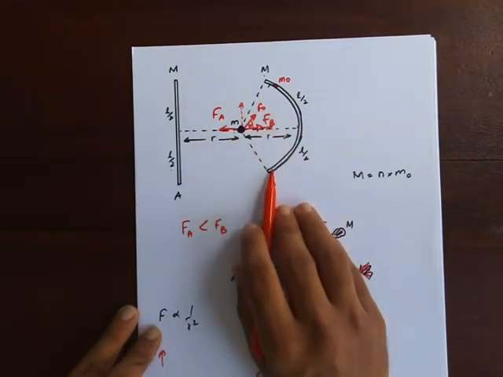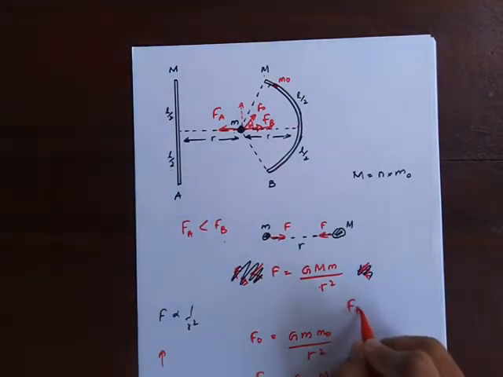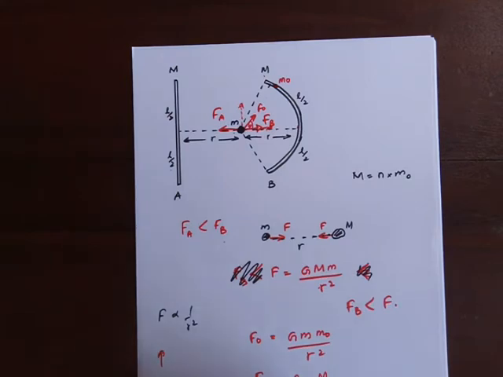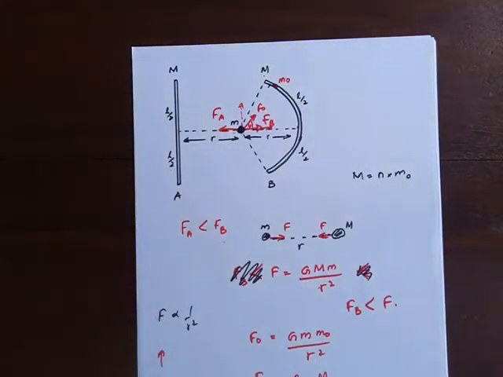But the horizontal, we want to take F naught cos theta and integrate over all these point masses. If we do that, we will obviously get that Fb is going to be less than F, because this mass is distributed here, so we always get a component of this. That's the reason.